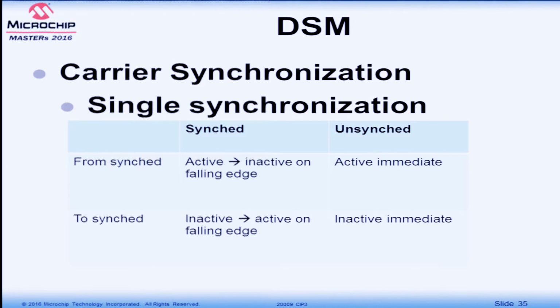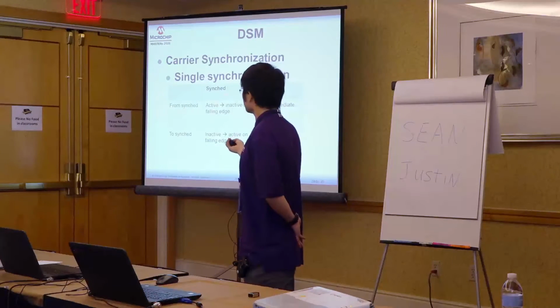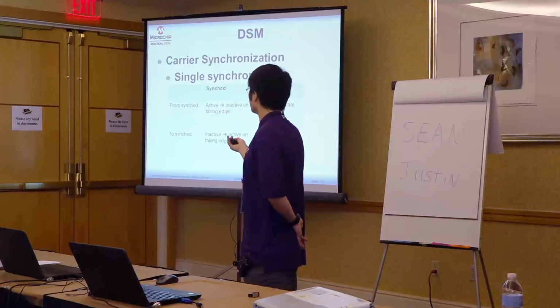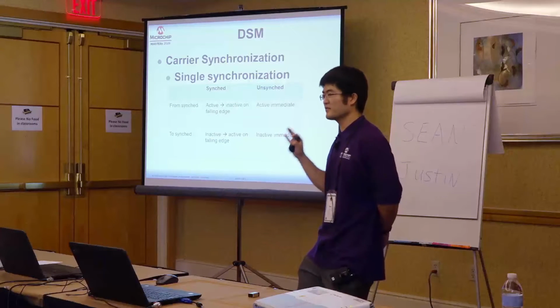Because I'm transitioning away from this synced side, the unsynced side, the other side, will be active immediately, because this one is not synchronized. So it's going to immediately copy whatever is on the other side, for example, the low side, right? And then on the synced side, as we mentioned before, it's always going to do the transition on the following edge of my carrier signal. Make sense?